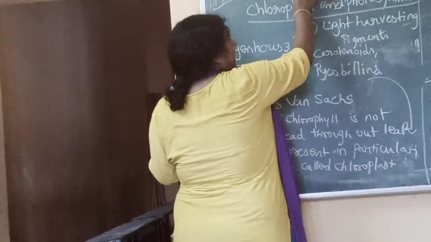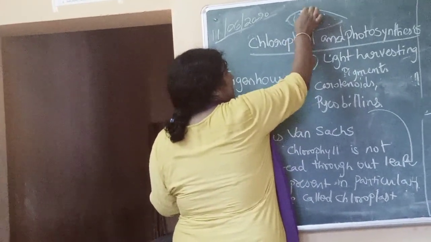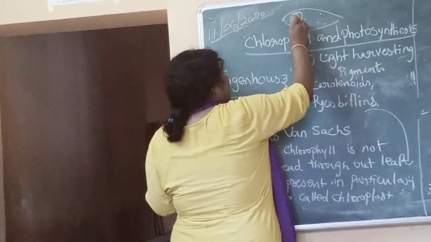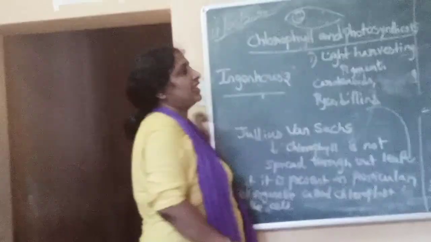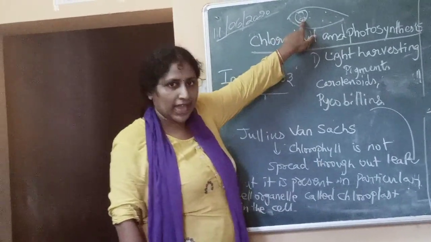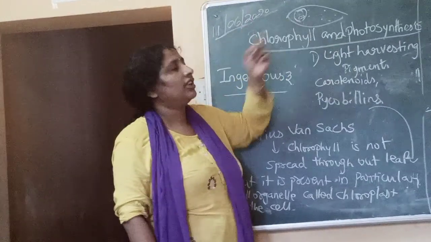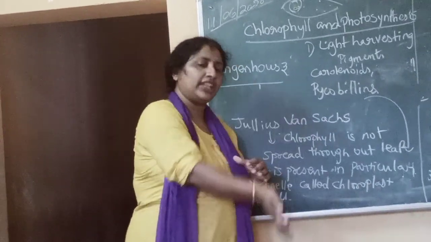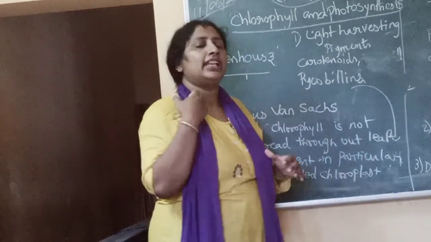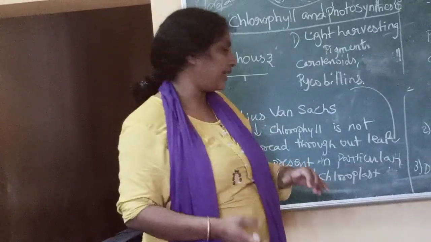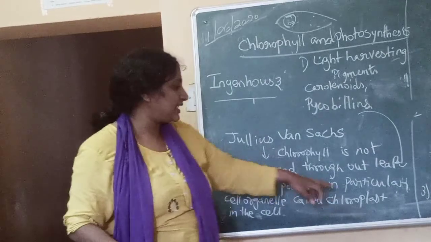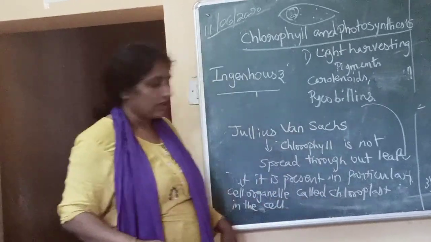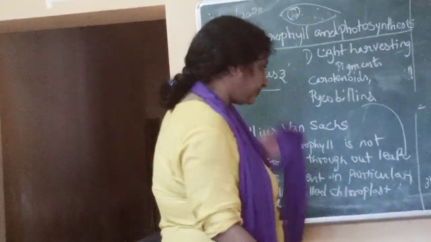If you think of a plant cell, in this plant cell a structure called chloroplast is present, in which chlorophyll is present as a light harvesting pigment. So chlorophyll is present in the cell organelle called chloroplast.